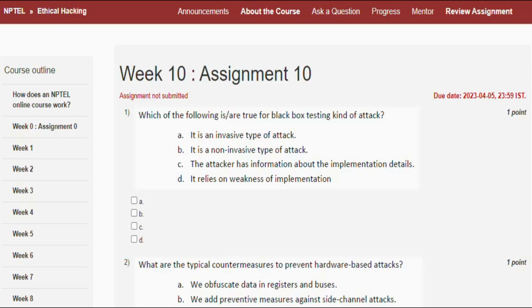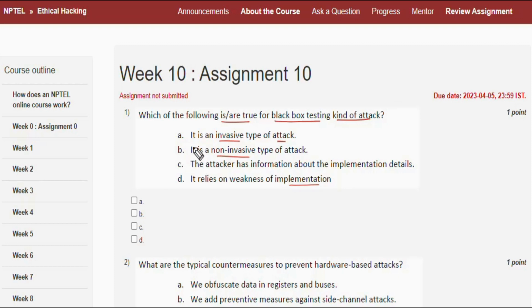Question number 1. Which of the following is true for black box testing kind of attack? The options are: it is an invasive type of attack, it is a non-invasive type of attack, the attacker has information about the implementation details, and it relies on weakness of implementation.